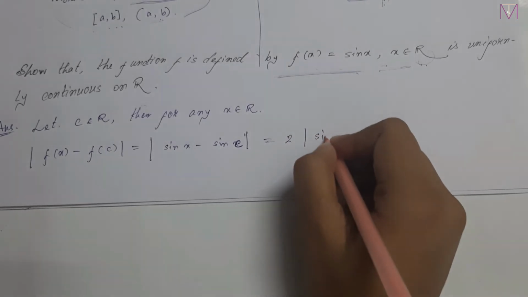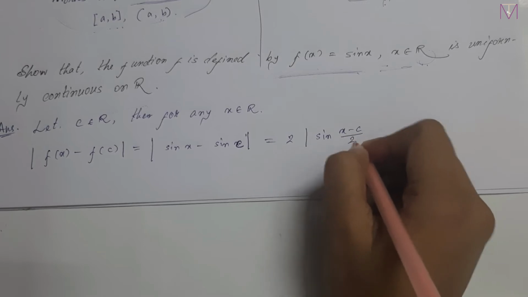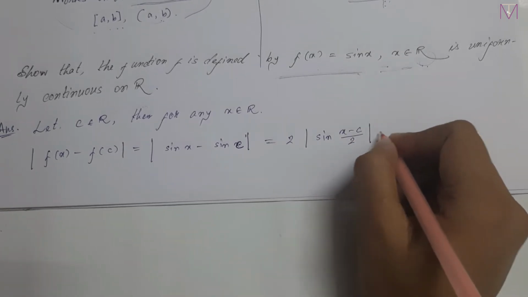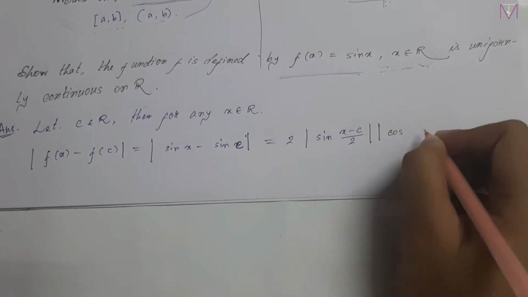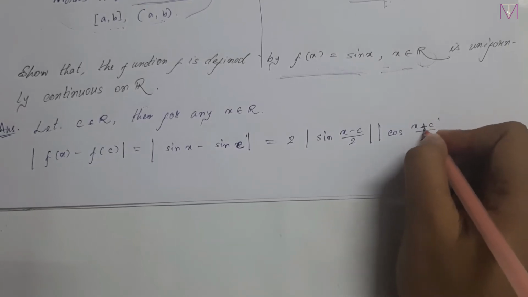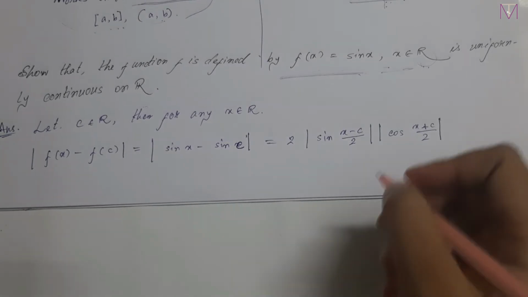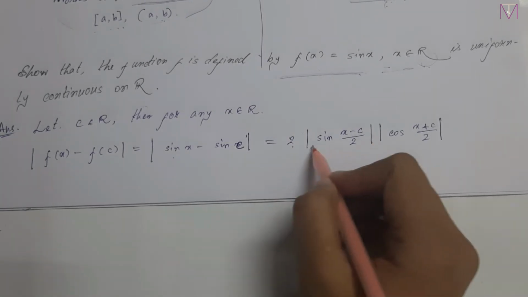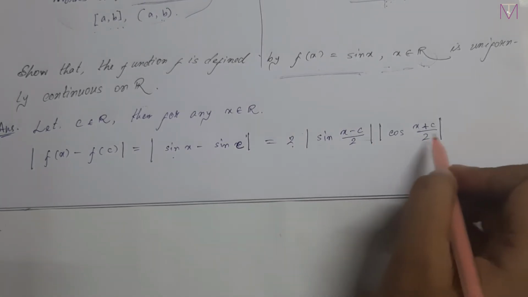Now by the trigonometric formula we get 2|cos((x + c)/2)| times |sin((x - c)/2)|. Here the modulus is distributed.